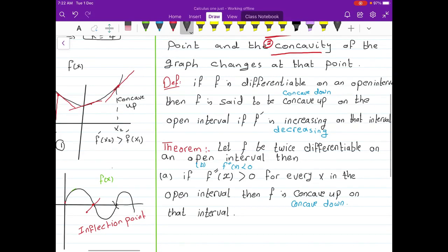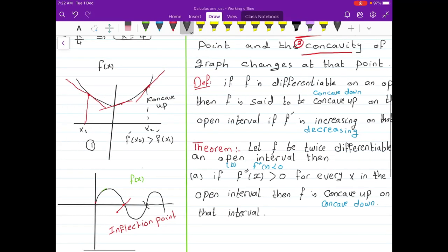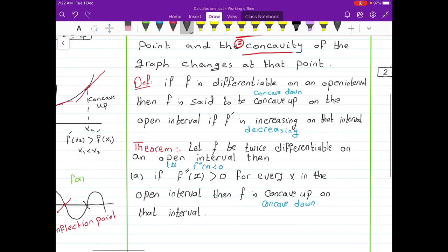Now, what do we mean by concave up? In graph 1, obviously f prime of x1 is less than f prime of x2, where x1 is less than x2. That means f prime of x is an increasing function. So, if f is differentiable on an open interval, then f is said to be concave up on the open interval if f prime is increasing.